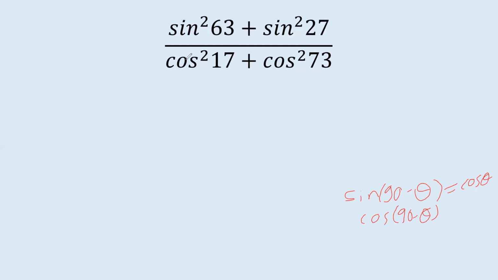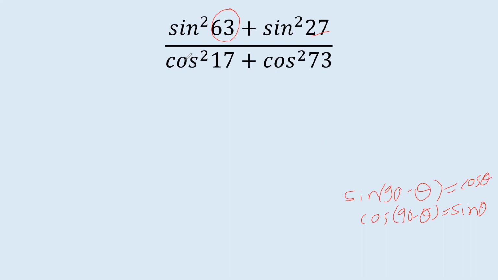One more thing we have seen is sine square plus cos square is equal to 1. So I will try to convert this into sine square A plus cos square A, with both angles the same. I will convert 63 into 27, because 27 is there.